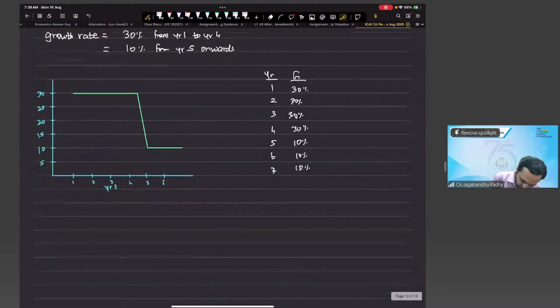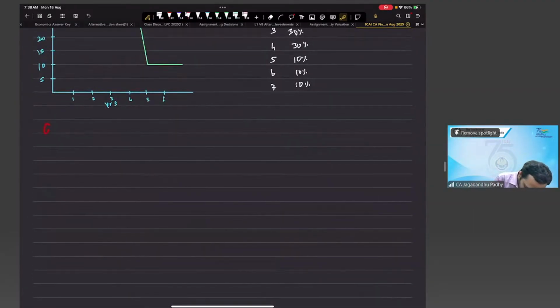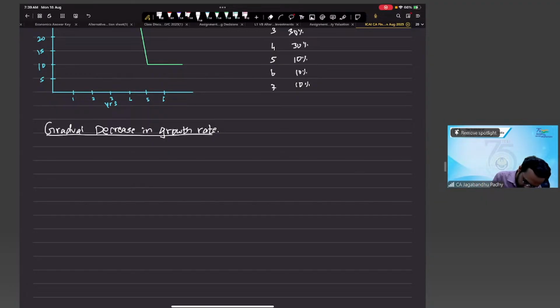So we can say we're looking at a gradual decrease in growth rate. Gradual decrease in growth rate. So let's look at the years and the growth rates.